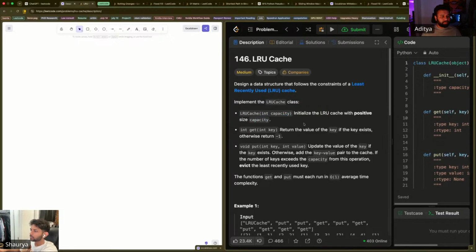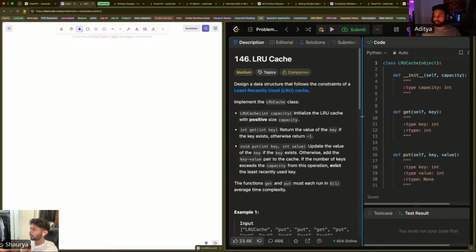I sort of get this: initialize LRU cache with positive size capacity, like some sort of capacity needs to be passed in the form of an integer to keep the cache.